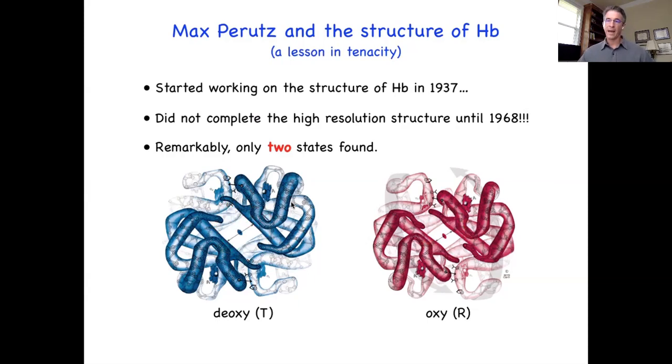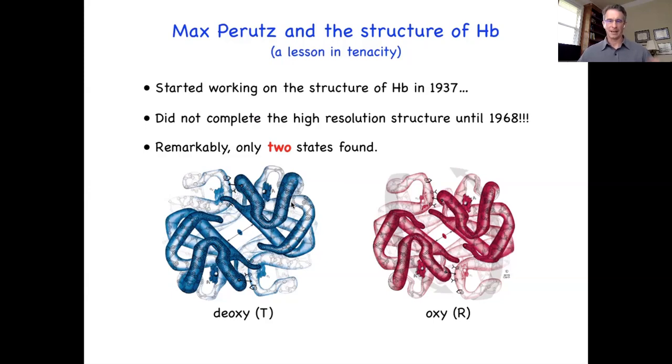Okay. Now that has been interpreted as a strong indication of an MWC-like cooperative transition. Only 2 states, and all the structural changes happen at the level of the quaternary structure. And if you know some things about crystallography, how it works, you could punch some holes in that argument. People certainly did.